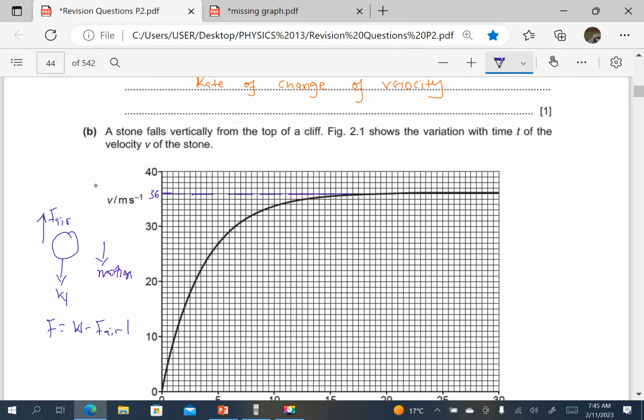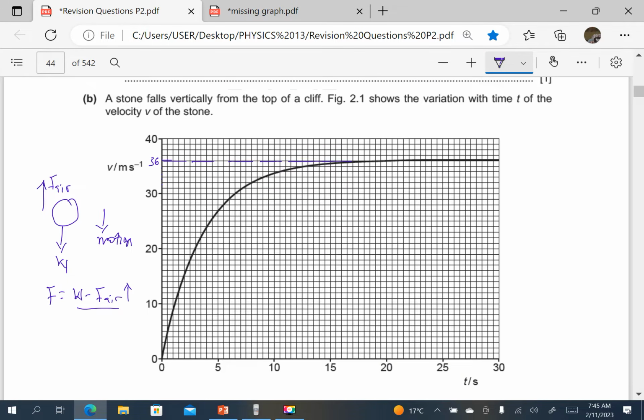If air resistance increases with the speed, it means the resultant force decreases. But you and me should note that the resultant force is given by Newton's second law, ma. If air resistance increases, the difference between weight and air resistance becomes smaller, so the resultant force becomes smaller. If the resultant force becomes smaller, it implies that the acceleration is decreasing.